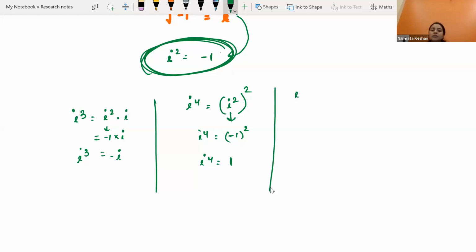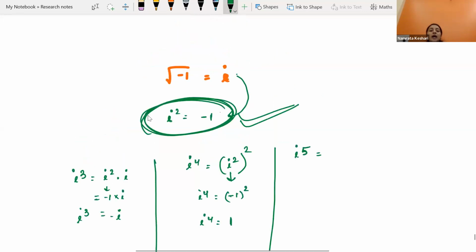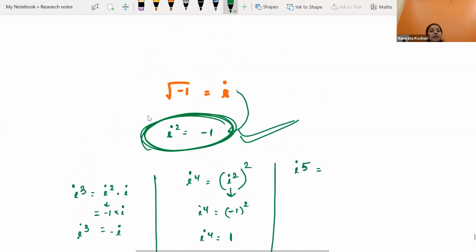Similarly, let's find i to the power 5. Always we will try breaking in terms of i square because that value we know. And apart from that, if we have to do anything else, we will try keeping it in terms of i. Whenever we are solving this exponent thing, under root minus 1 we will not write.